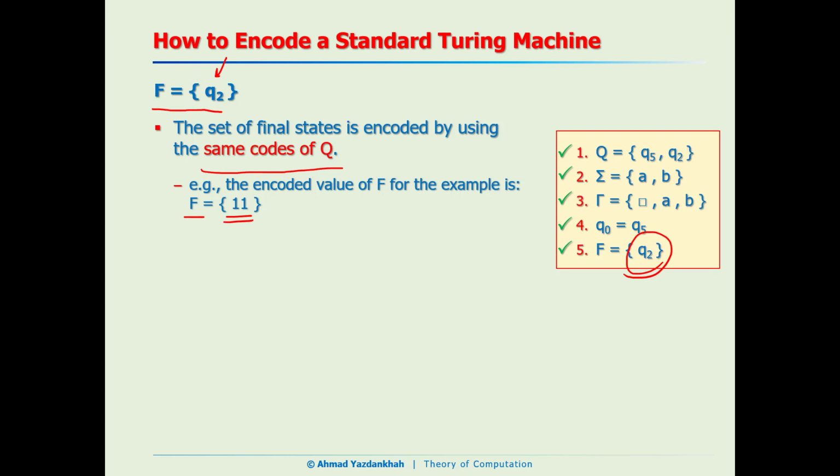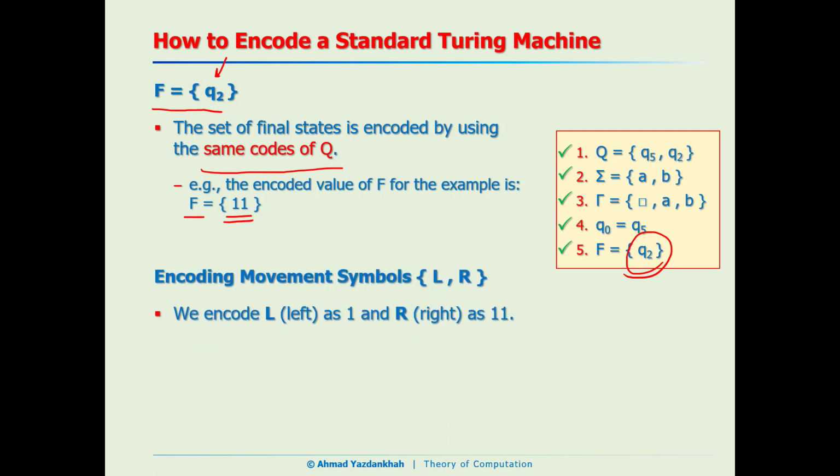The only thing that remains is encoding the movement symbols L and R, because we need these for encoding the subrules. So we just encode L as 1 and R as 1, 1.